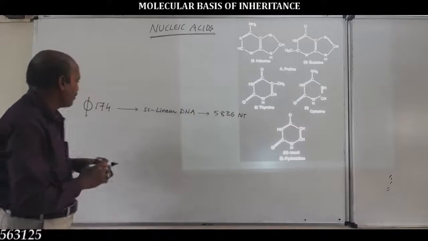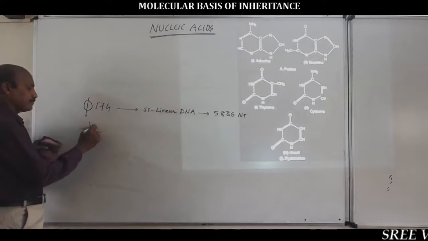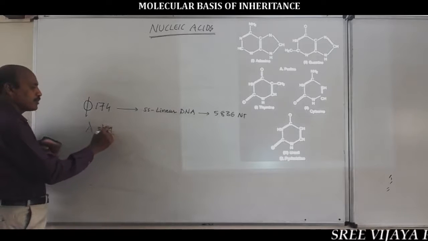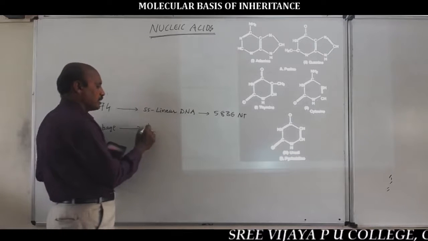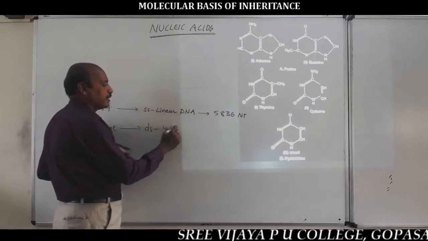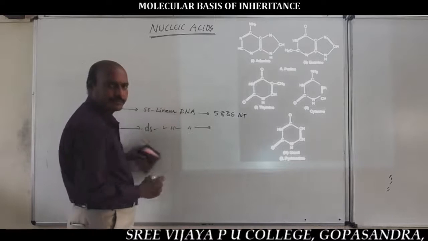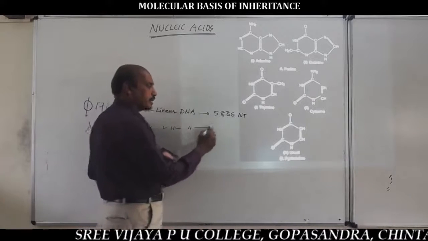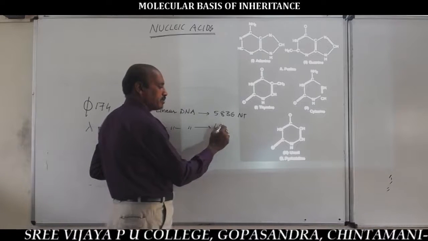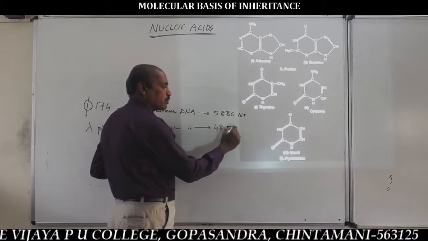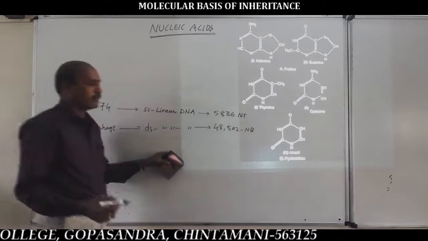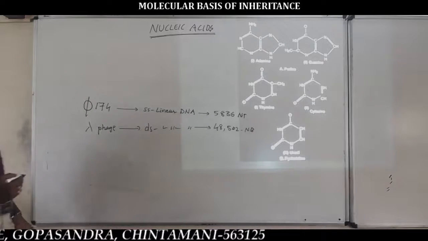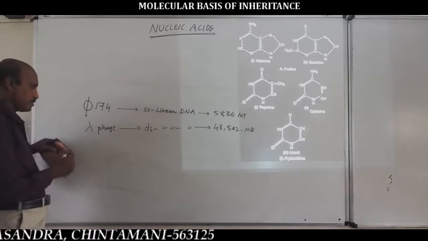Whereas lambda phage, also a bacteriophage, contains double stranded linear DNA with 48,502 nitrogen base pairs.